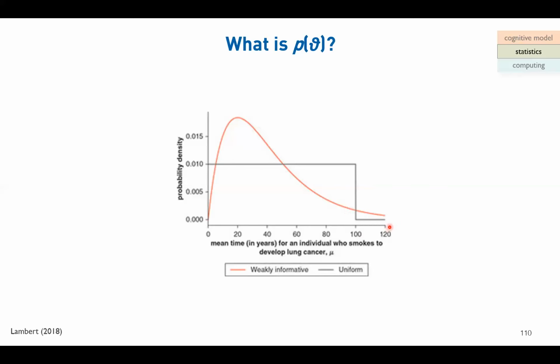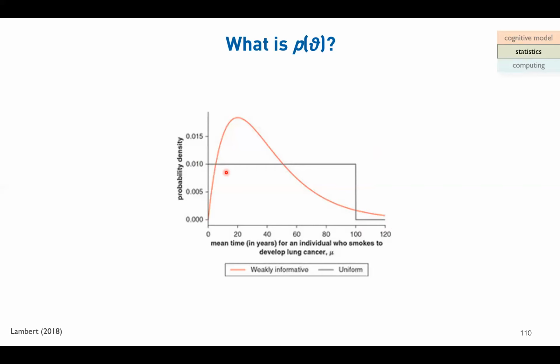So this might assume that after 100 years, nobody could be alive. This is quite a strong assumption, honestly. But this part didn't make sense, right? This is a uniform distribution, so everything is possible. That basically means you do not have a strong preference a priori, so everywhere is possible.